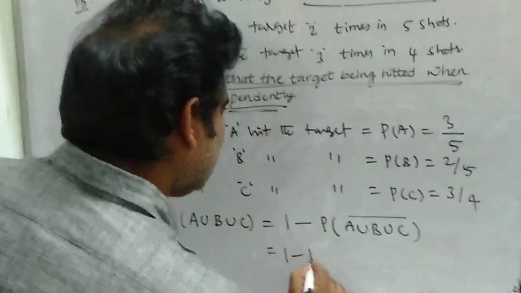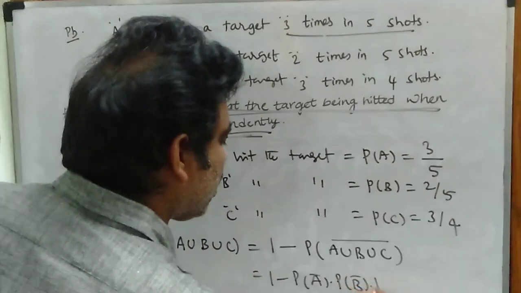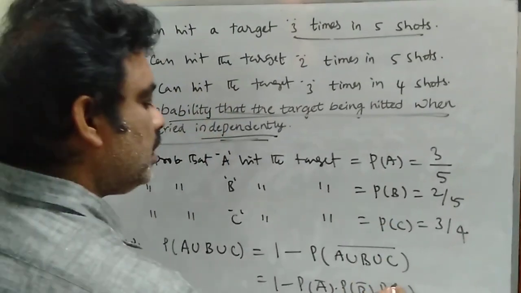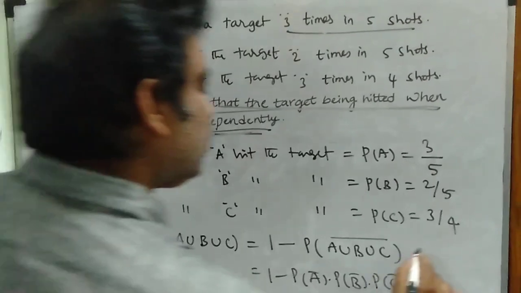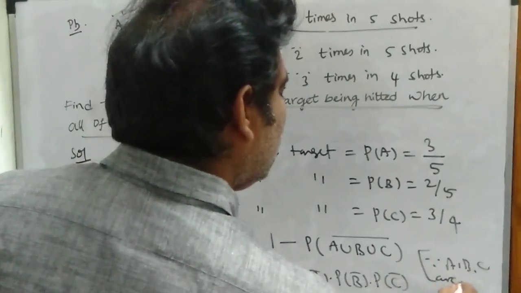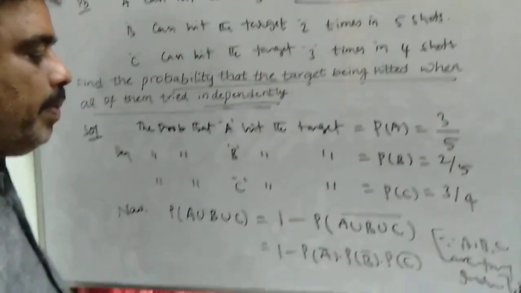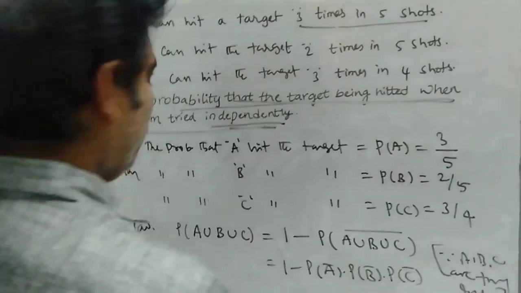That is 1 minus P of A bar into P of B bar into P of C bar, because A, B, C are trying independently.